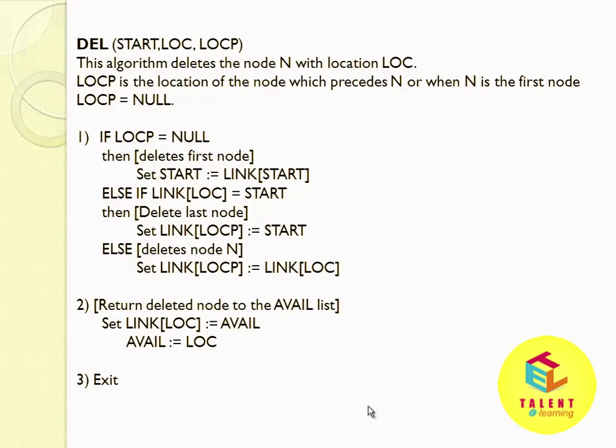Step 1, if LOCP equal to null, then delete the first node. Else if link of location equal to start, then delete the last node. Else delete node n. Step 2, return the deleted node to the avail list. Step 3, exit.